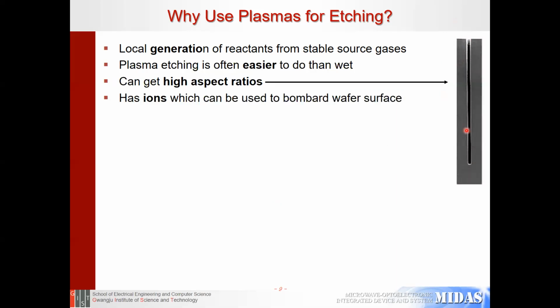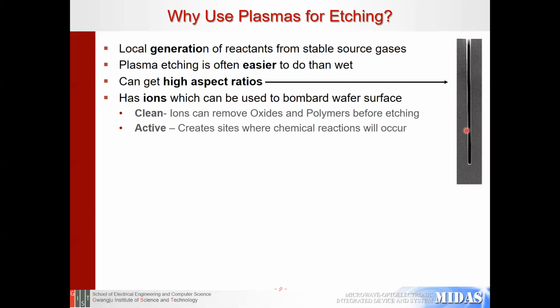Another important thing about plasma etching is the ions, which can be used to bombard the surface and do a number of useful things. Number one, the ions can clean the surface and remove oxides and polymers before etching. Second, they can activate chemical reactions.